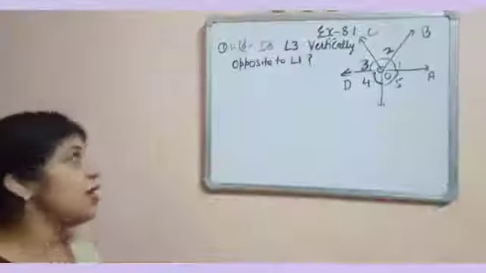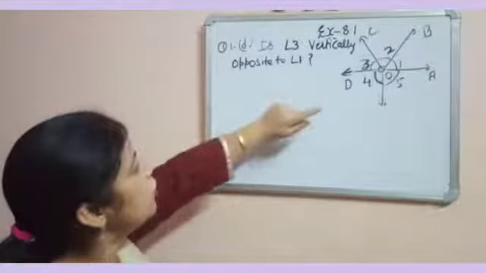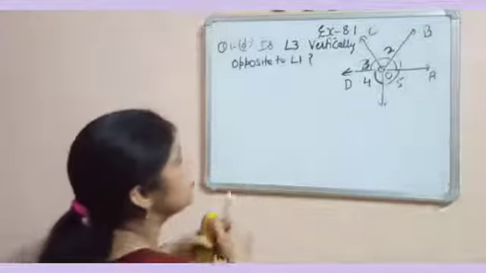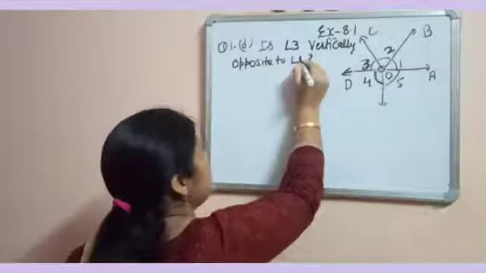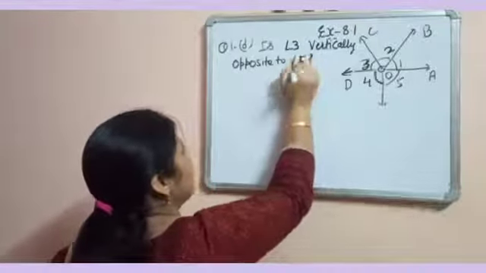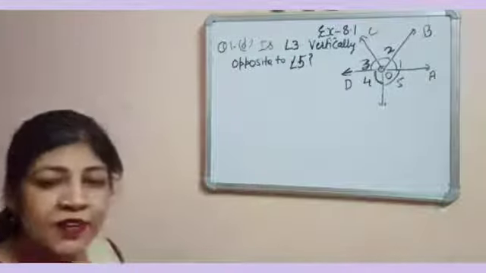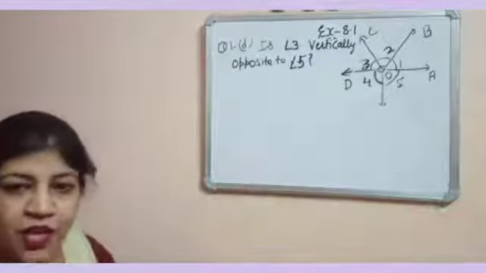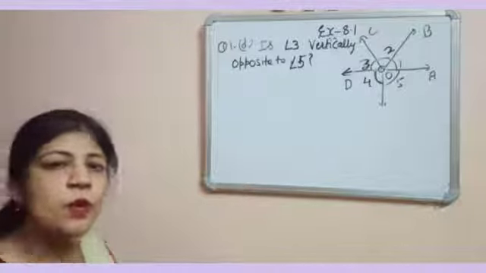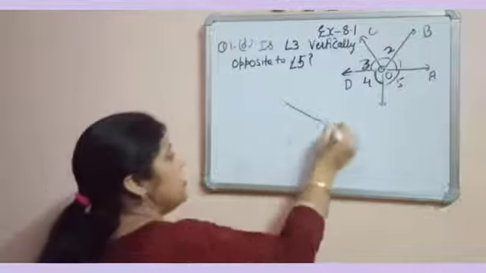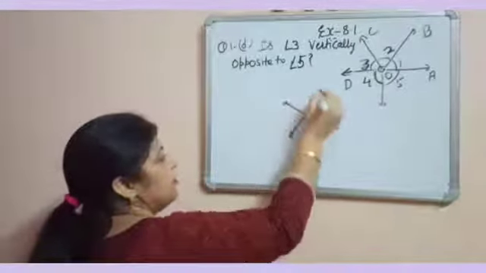Clear? Now next part is, is angle 3 vertically opposite to angle 5? Now first, what are vertically opposite angles? The angles formed by intersecting lines.